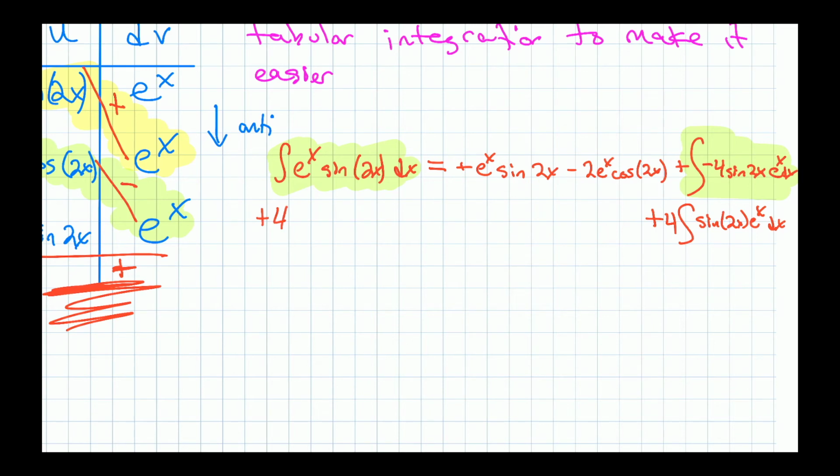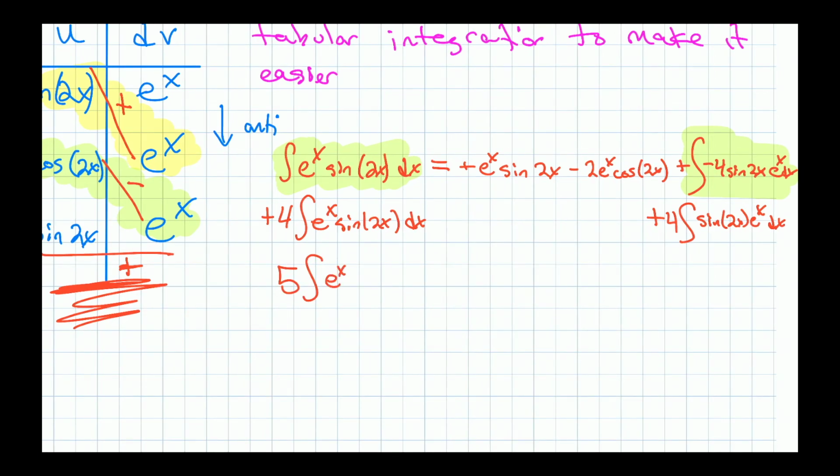Add 4 here, 4 integral e to the x sine 2x dx. I changed the order, but that doesn't matter. So when you add them on the left here, you're going to get 5 integral, right? 4 plus 1. e to the x sine 2x dx equals e to the x sine 2x minus 2 e to the x cosine 2x.